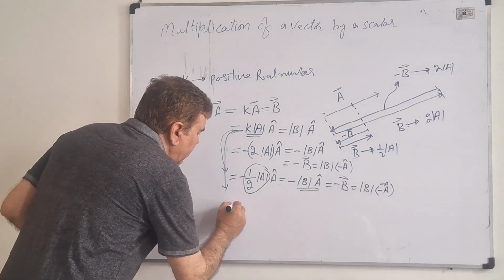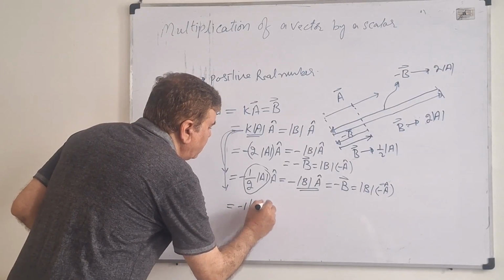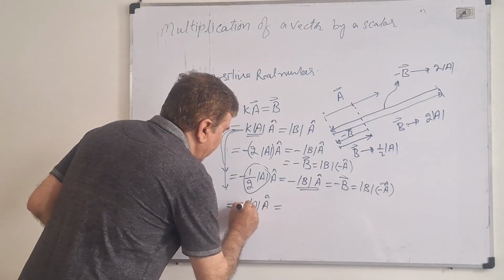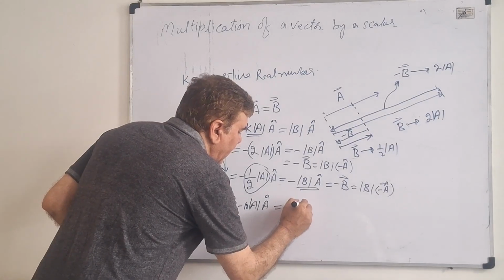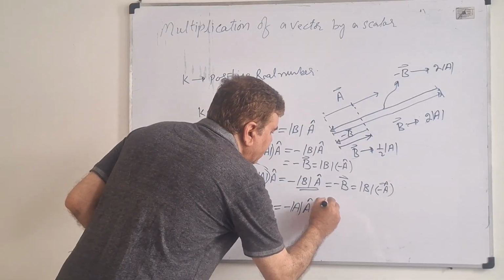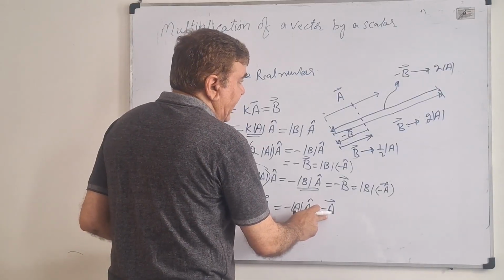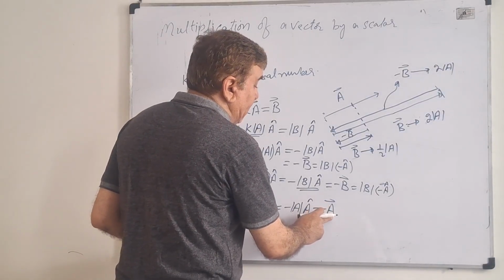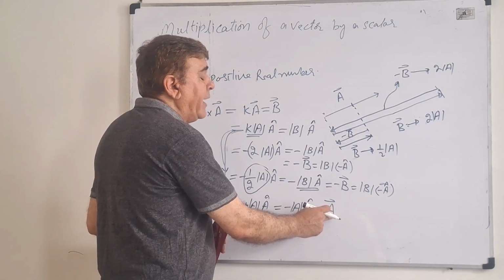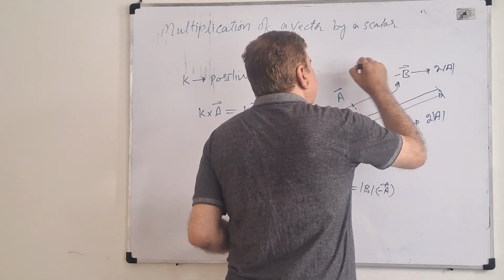Then this would be equal to minus 1 times magnitude of A into unit vector A. This would be equal to minus 1 times magnitude of A times unit vector A, which is in fact equal to minus A. And we know from our previous video, minus A is the negative of vector A. Minus A is a vector whose magnitude is exactly equal to A and the direction is opposite to A. So we would have this thing.